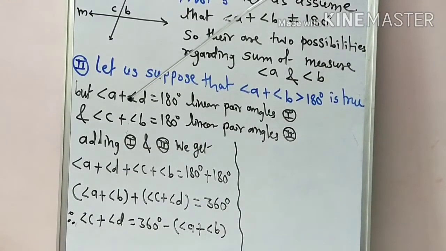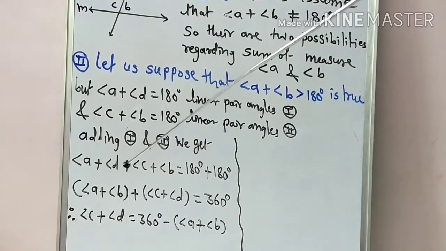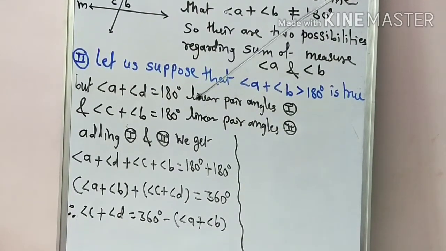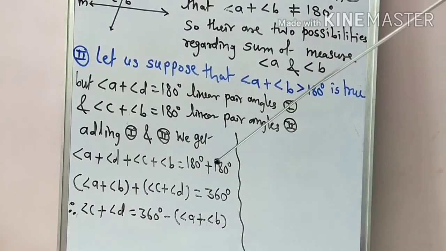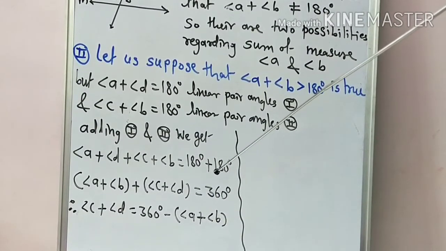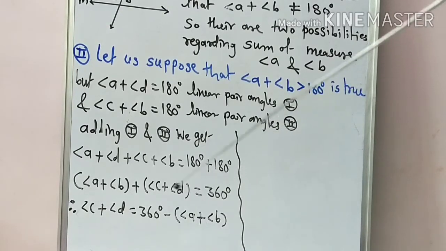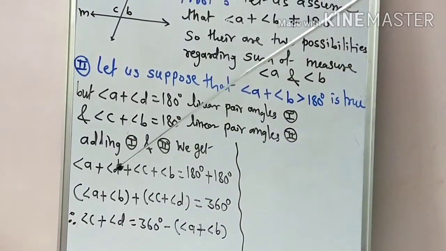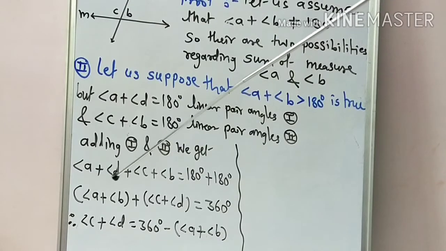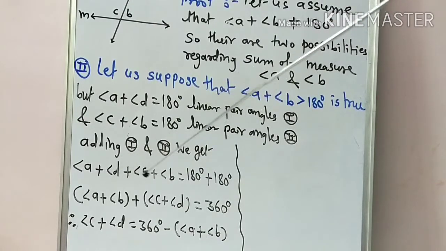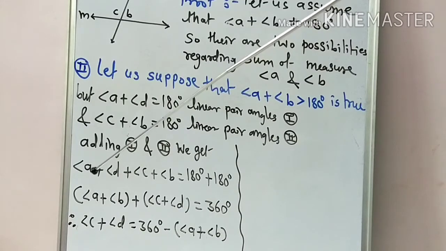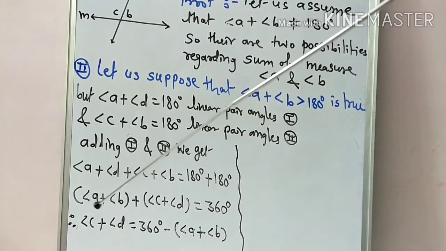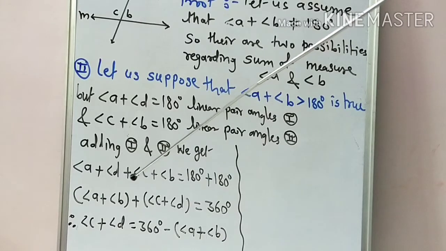So here on left hand side we have these 4 angles, and the sum of these 4 angles is equal to what? 180 degree plus 180 degree, and hence that addition of 180 degree plus 180 degree is 360 degree. And on the left hand side we just interchange these angles and take the pair of A and B in the first bracket and C and D in the second bracket.